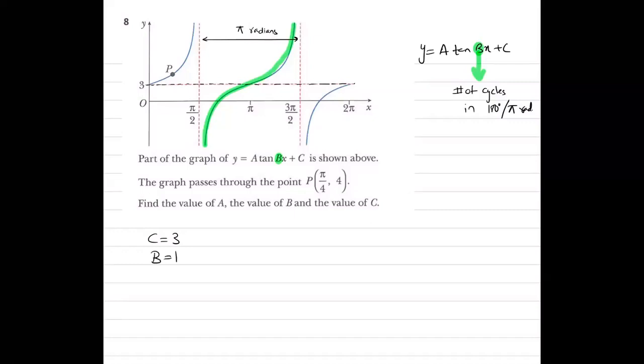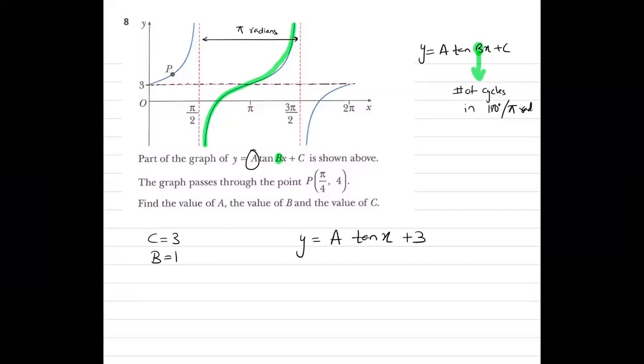ठीक है. Now मैंने आपसे कहा था कि in a tan graph, a does not represent amplitude, but still you need to find the value of a because a is the coefficient of tan bx. अभी तक आपको ये पता चल गया कि the equation is a tan 1x plus 3, ठीक है.